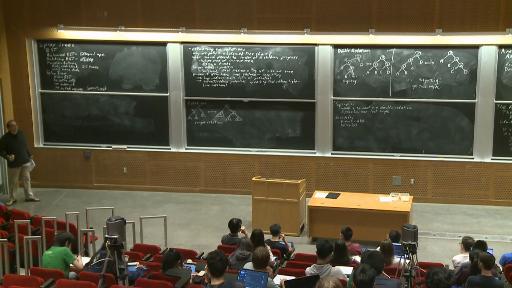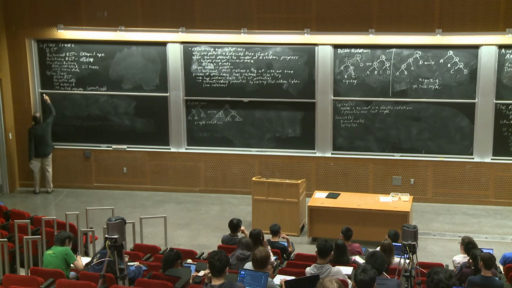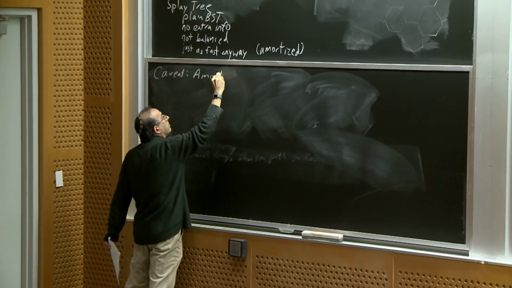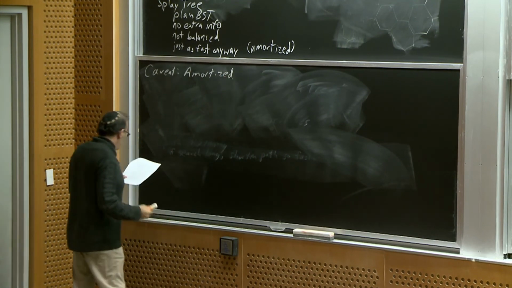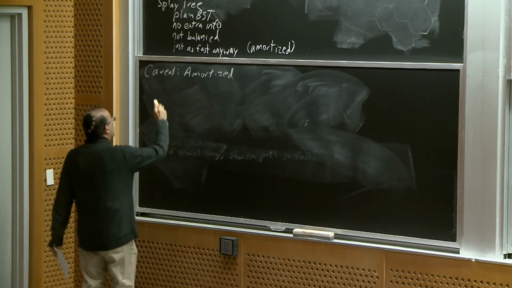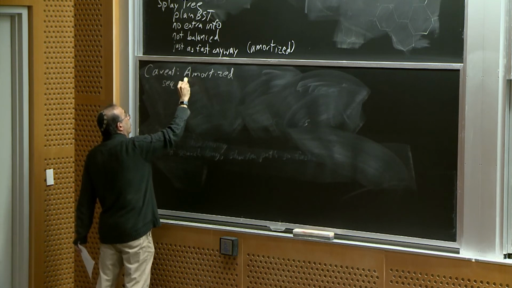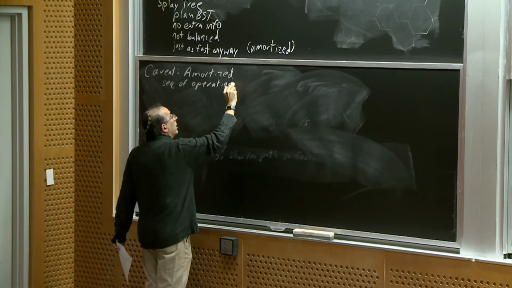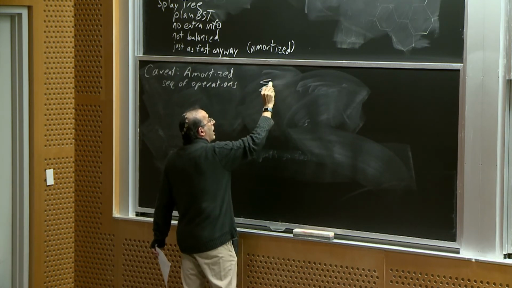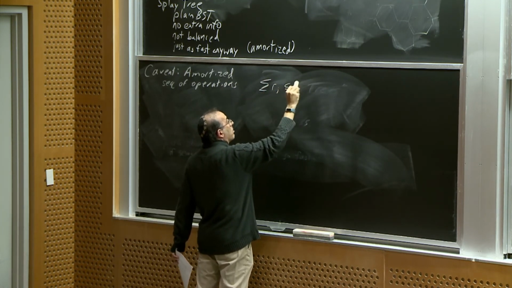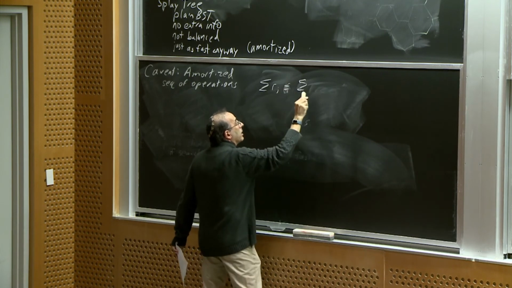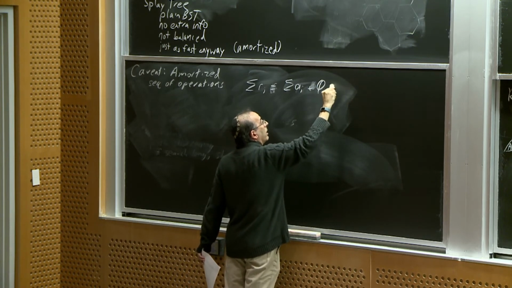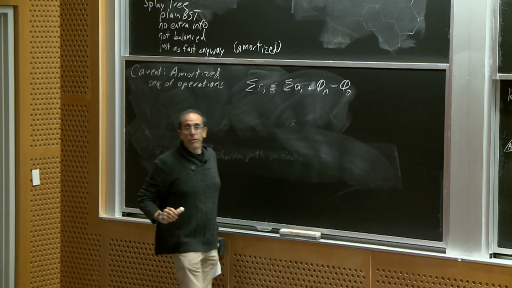Okay. Now, there's an important caveat here that we're working amortized. We're talking about the amortized cost of operations, where we have a sequence of operations. And what we showed last time is that the sum of the real costs was upper bounded by, or was equal to, the sum of the amortized costs plus the final fee minus the initial fee, right?